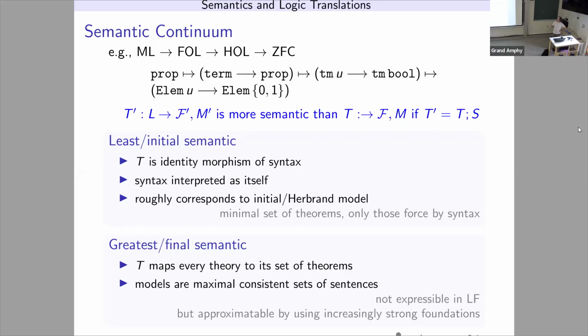First order logic, we can translate to higher order logic. Higher order logic, we can translate to set of C. And it doesn't really matter, there's no point along this spectrum where we can say this is where syntax stops and semantics starts. It's all just translations between different languages.